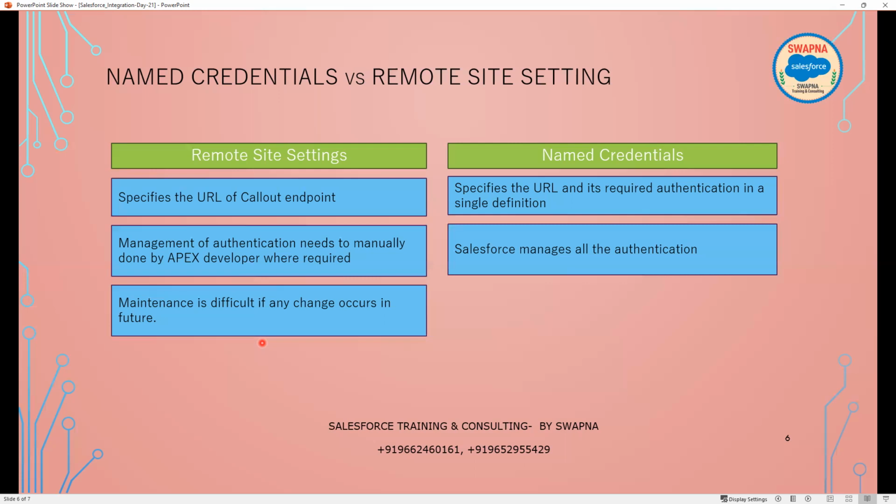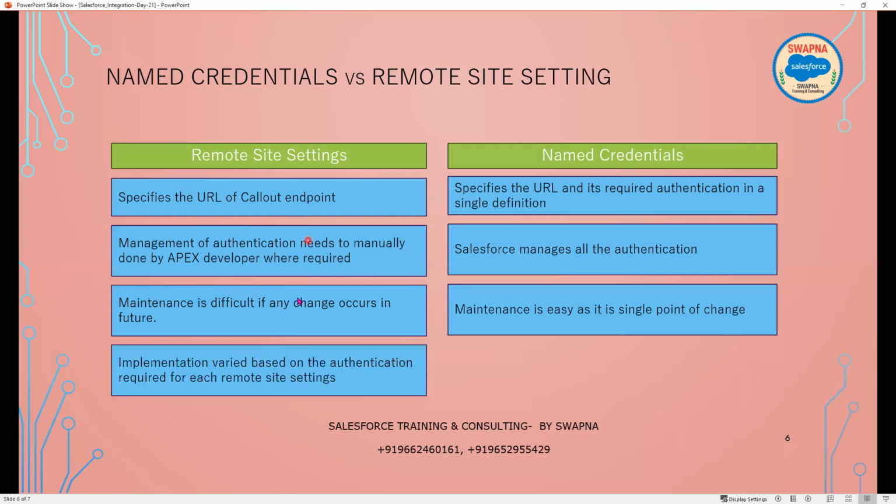The code is in production. If you want to modify it, first we need to make the changes in the developer org and then shift it to production, which will take at least one day. So there is a lot of difficulty. Whereas with named credentials, if there are any changes from the third-party system, maintenance is easy at a single point of change. So the admin can change it, the client can also change it there.